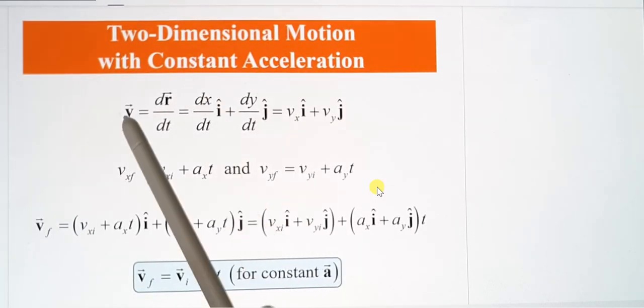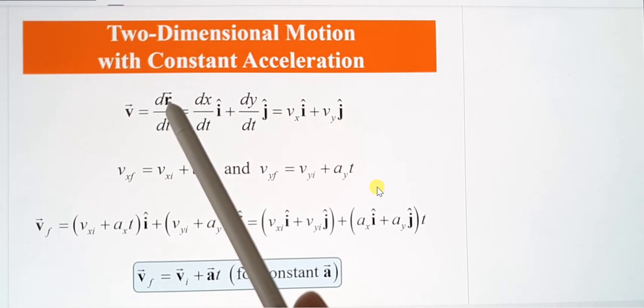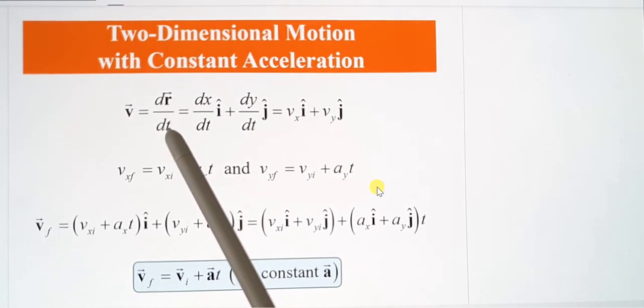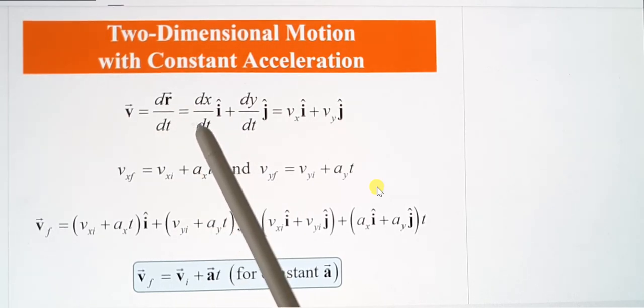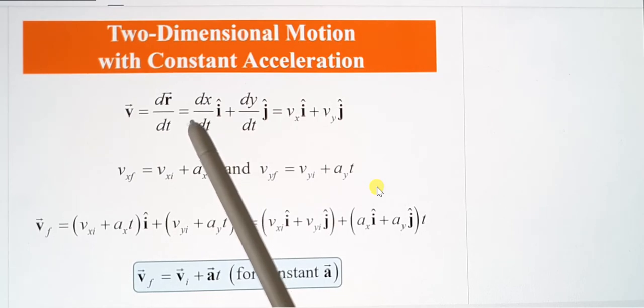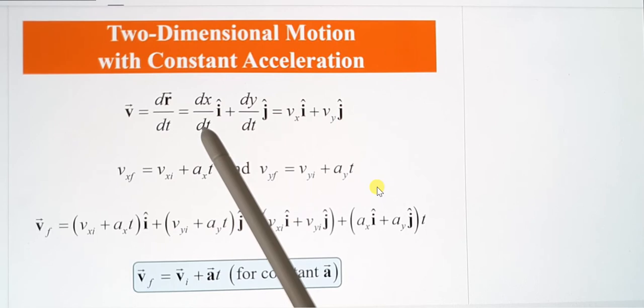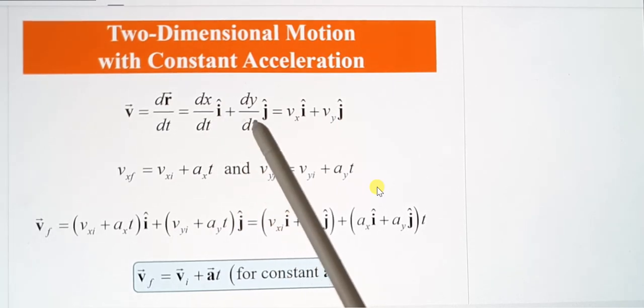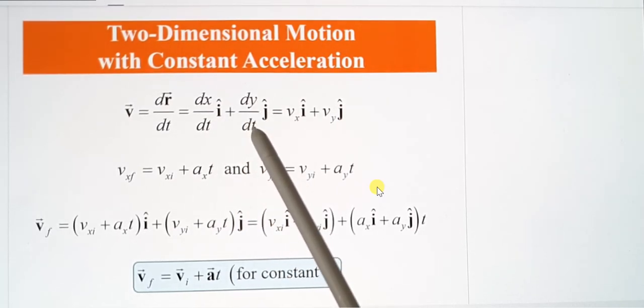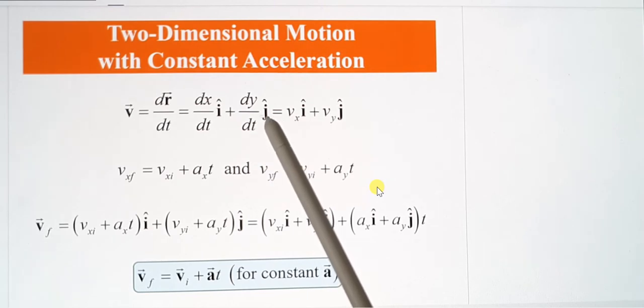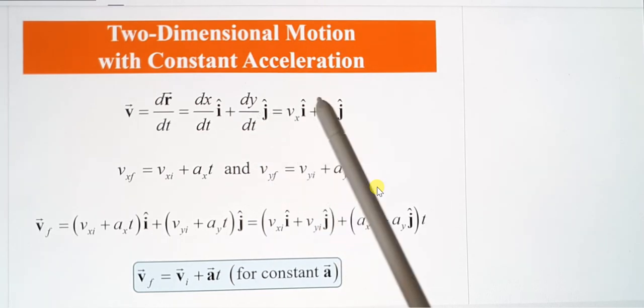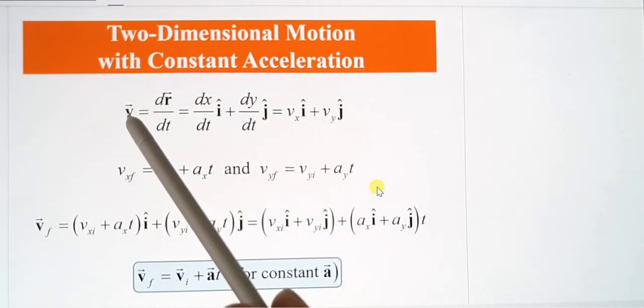Okay, we said the instantaneous velocity is the derivative of the vector r with time. But because it's motion in 2 dimensions, it's the derivative of the x component in the i plus the derivative of the y component with respect to time in the j. So we end up with the same definition.